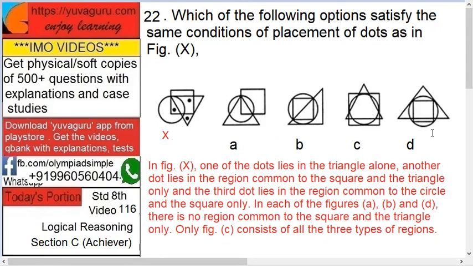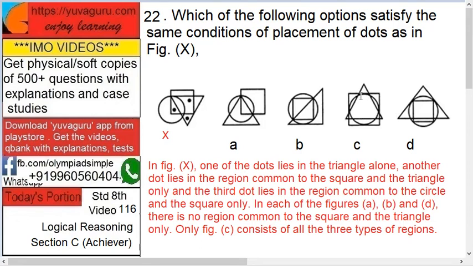Now if you check A, B and D, there is no region which is common to square and triangle alone. Whereas in C, it has all the three types of regions. A single region in the triangle, and similarly one region common to square and triangle, see this smaller region.